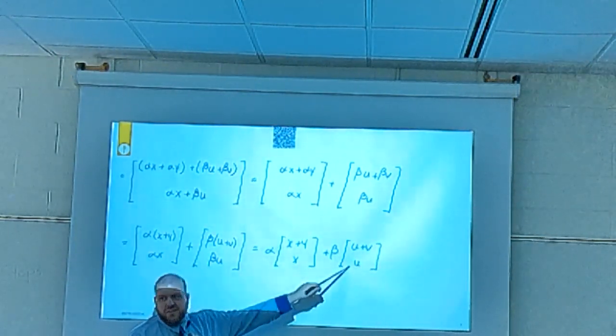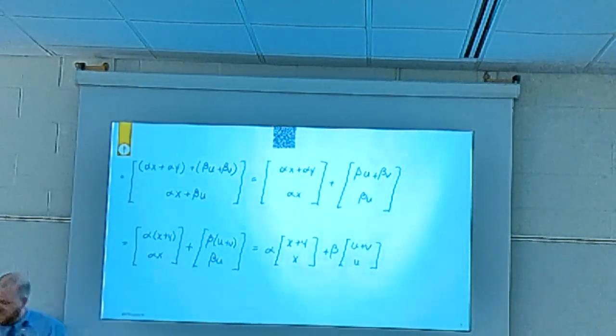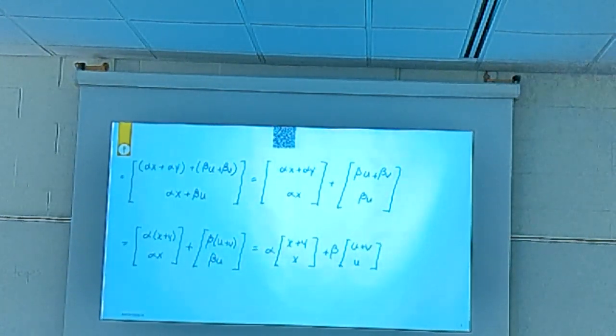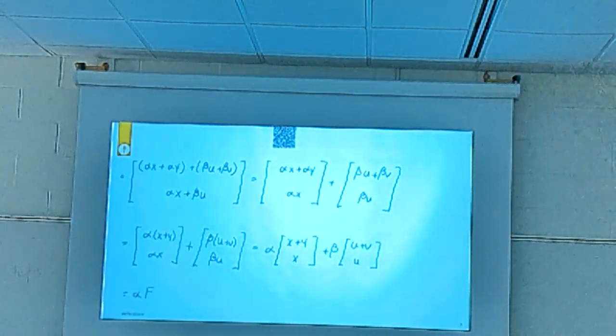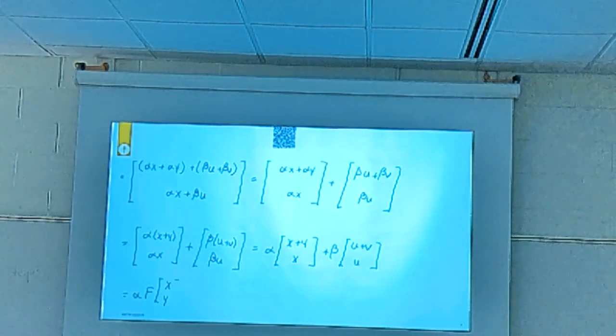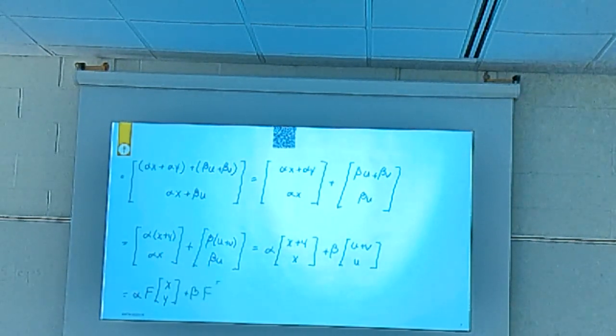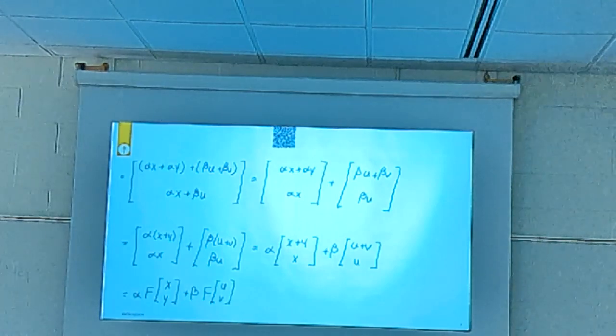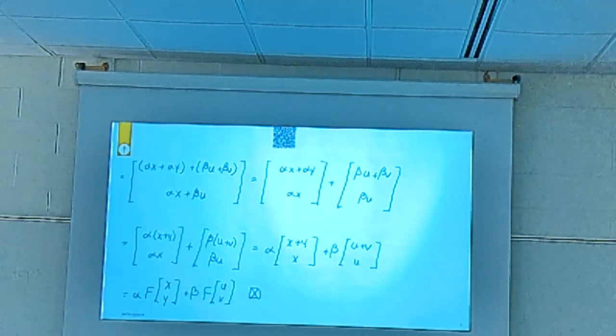Isn't that the transformation of the other vector? Is that not what we wanted to show? So it's a linear transformation.